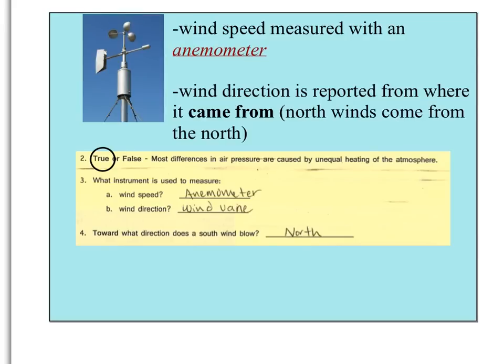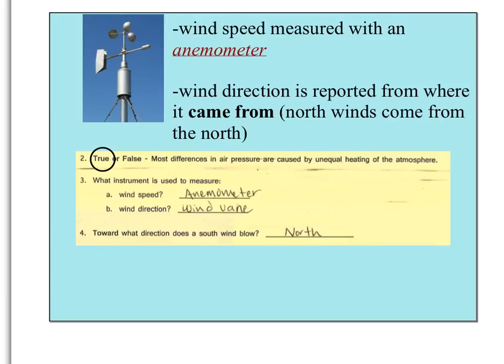As that wind is blowing from areas of high pressure to low pressure, we use 2 instruments to get some measurements off of it. We like to know how fast the wind is blowing. We also want to know from which direction it is coming. So the 2 instruments that we're going to use are an anemometer to measure the speed and a wind vane to measure the direction.